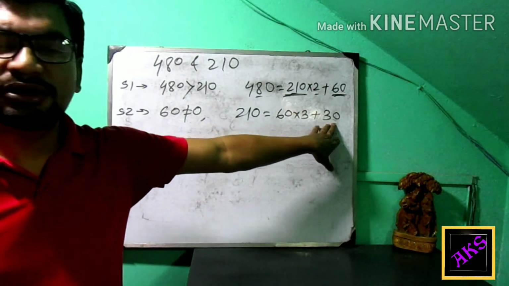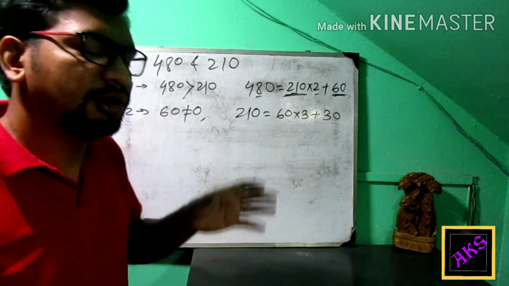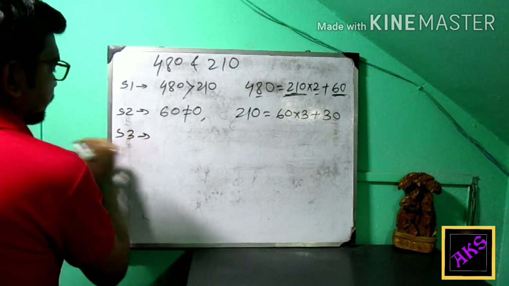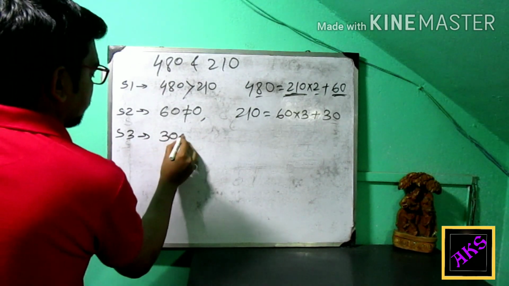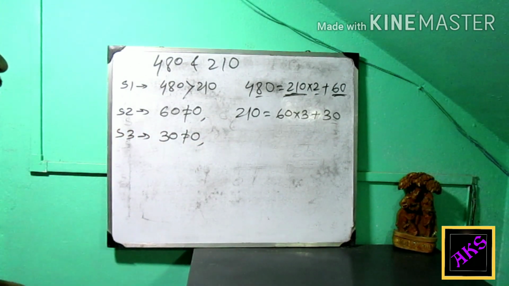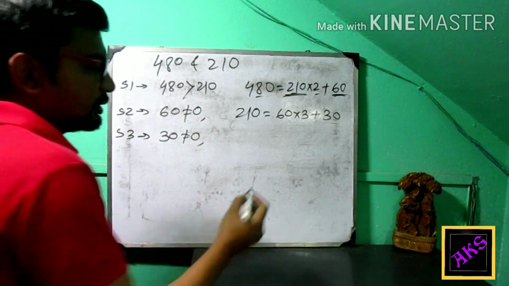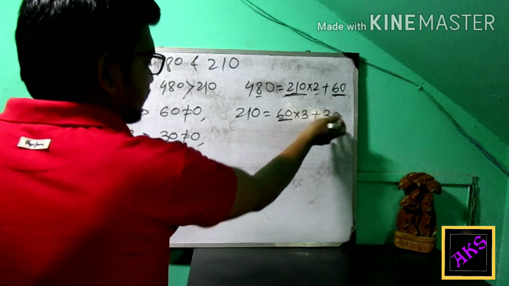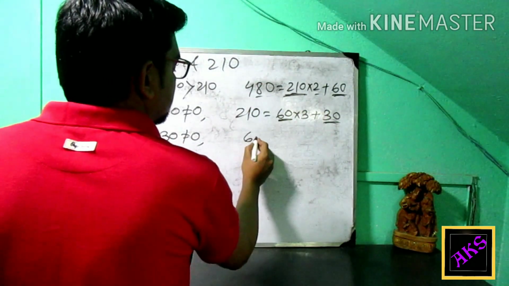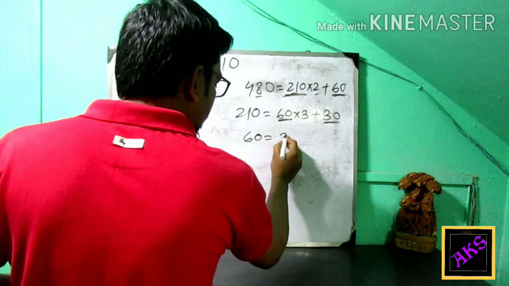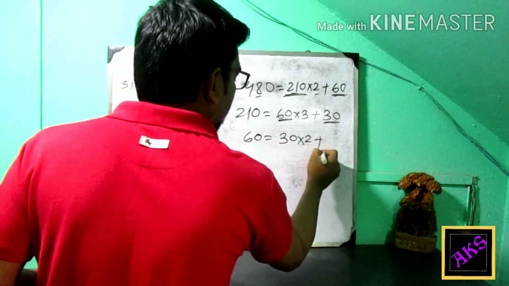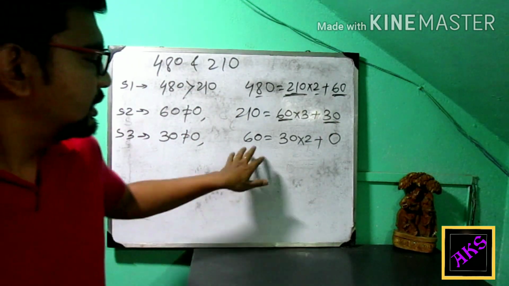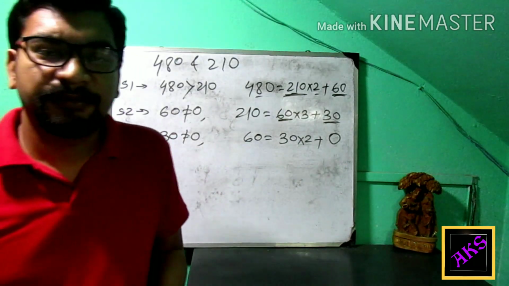Here also the remainder is not equal to 0. So we have to continue this process. That means we have to move to step 3. As 30 is not equal to 0, we have to repeat this process, but with 30 and 60. Now as 60 is greater than 30, we can write 60 as 30 into 2 plus how much? 0. And at this stage the remainder is 0.